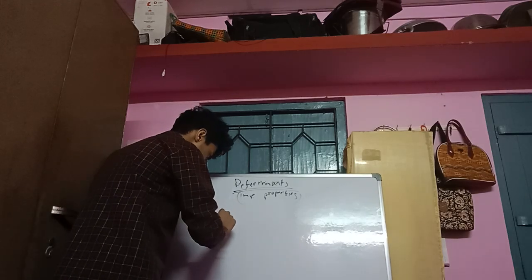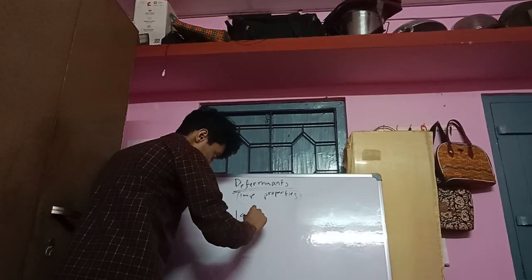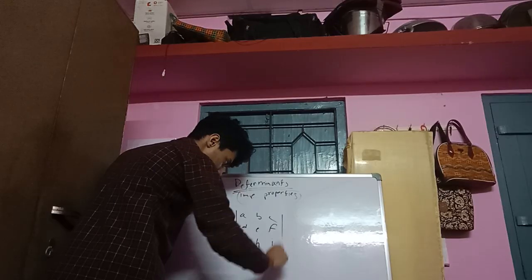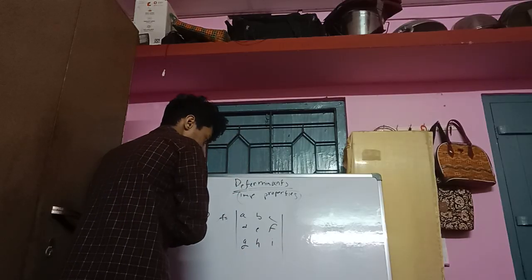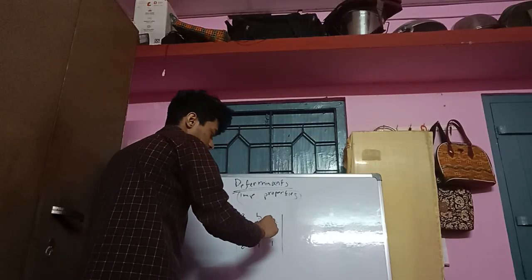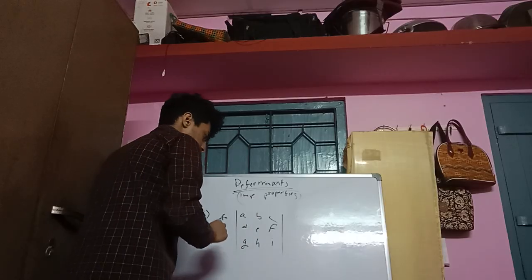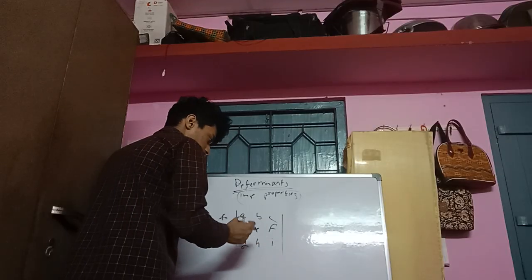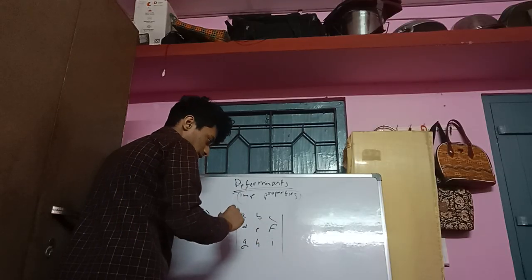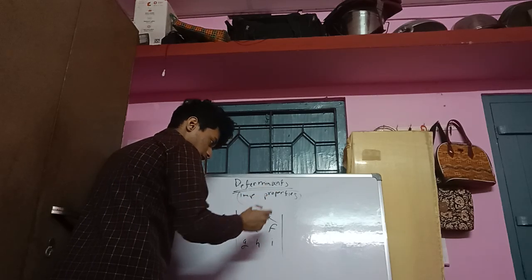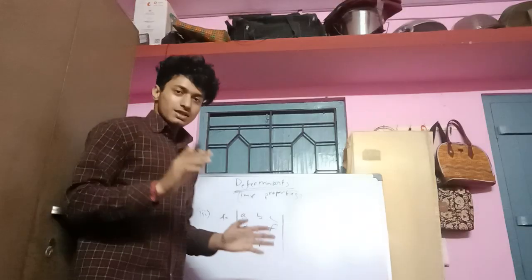So let's say you have determinant A with the elements A, B, C, D, E, F, G, H, I. Now, if we replace any row or any column with the sum of that row or that column and another row or another column multiplied by a scalar, the value of the determinant would remain constant.